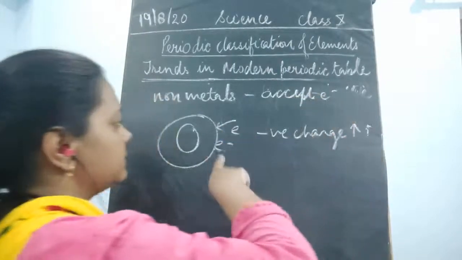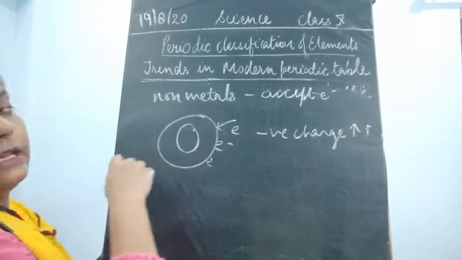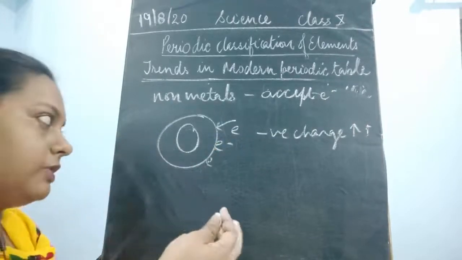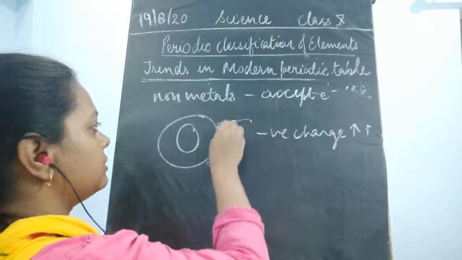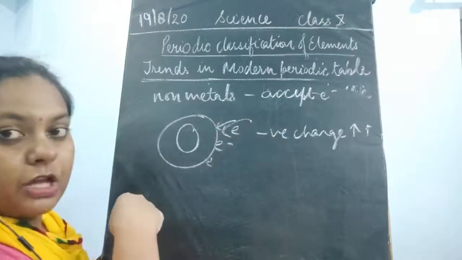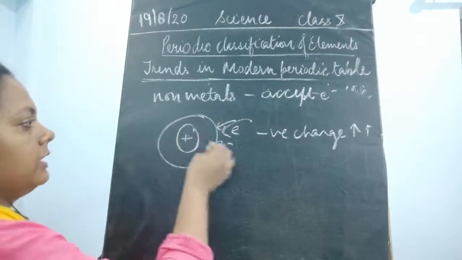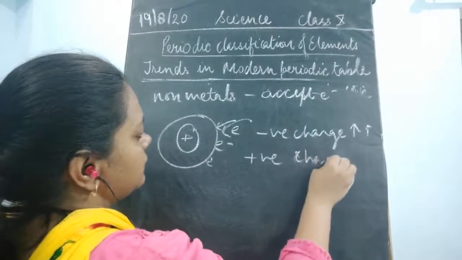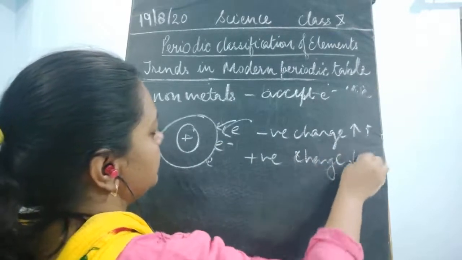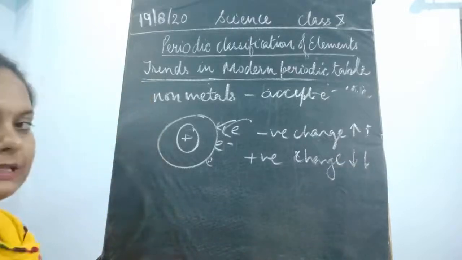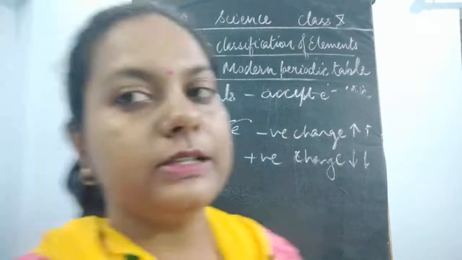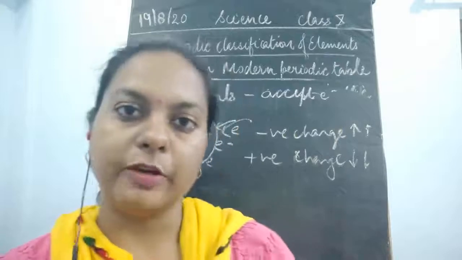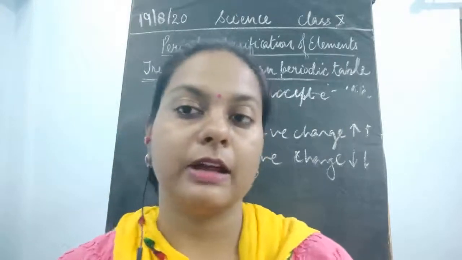Because the electrons are already present, and from the outer side electrons are being added up. So when electrons are being added, the positive charge automatically reduces. This is a very simple fact: if electrons are increasing, then the positive charge comes down.